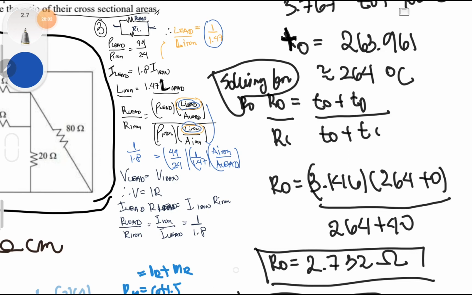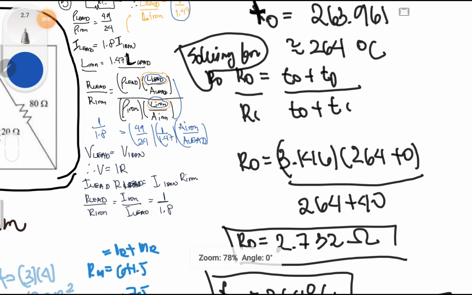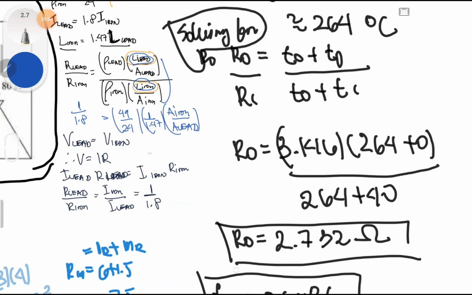Ayan. So, from this, pwede na nating isolve yan. So, therefore, A iron over A lead is equal to 1 over 1.8 divided by 49 over 24 multiplied by 1 all over 1.47.